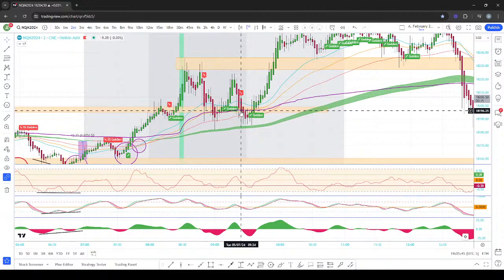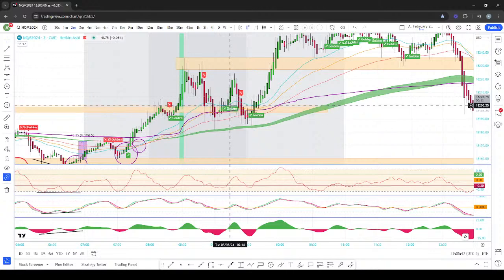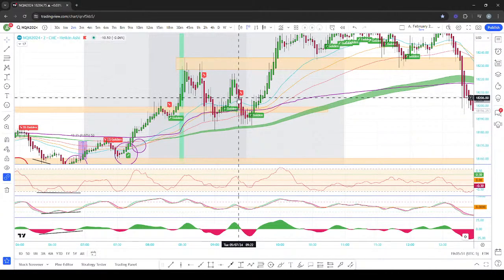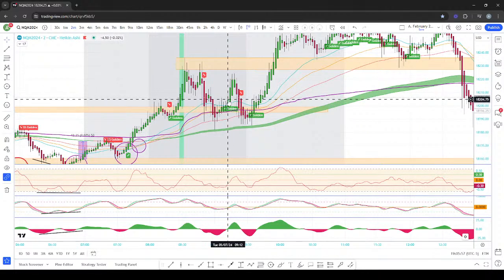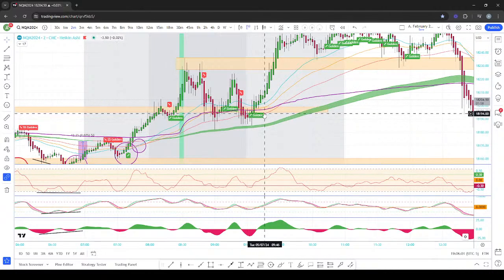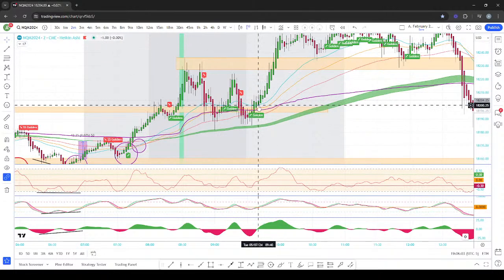Excuse me. In this case right in here, we have a golden signal and price shot up, but it reversed on us. So this was probably going to be a failed trade right in here. Okay. If you're going to wait for the next signal, which is this one, then you can take that straight up.